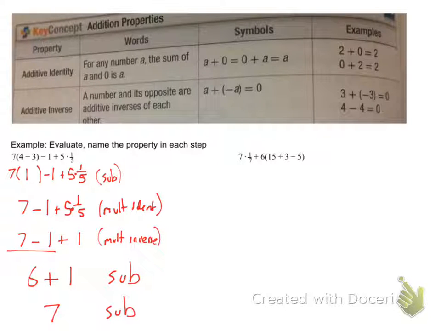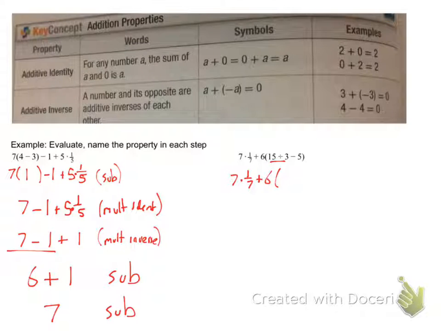I'm going to give you guys a couple seconds, maybe a minute. I want you to do the second one on your own. Okay, first thing I want to do is what? Doesn't have to be necessarily the first thing. Fritz? Divide 15 and 3. Okay, sounds fine. So 7 times 1/7 plus 6 on the outside.